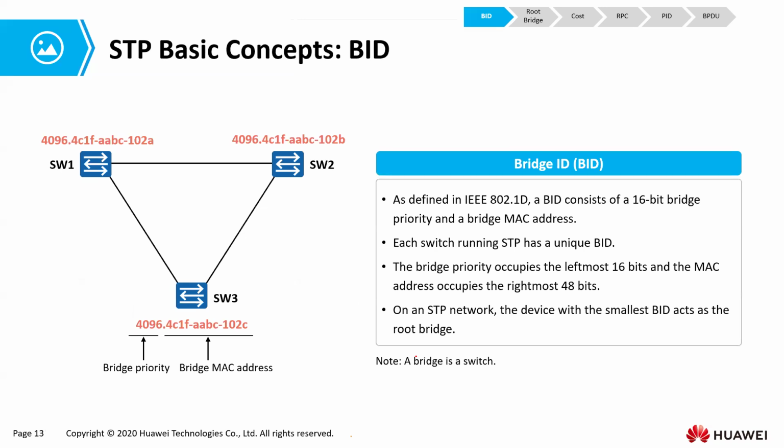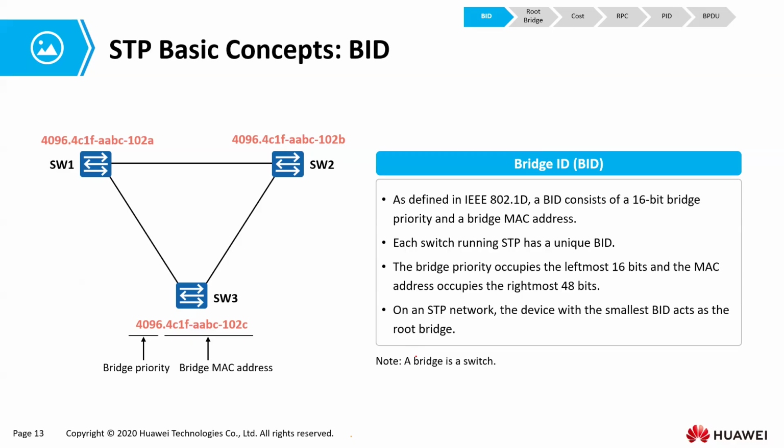Now let's start looking at some of the technical things with respect to STP. How does STP work? Number one, we have what we call the bridge ID. The bridge ID is an identifier of a switch in an STP network, and it is made up of the bridge priority and the MAC address.